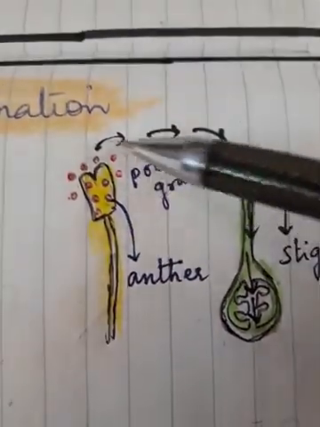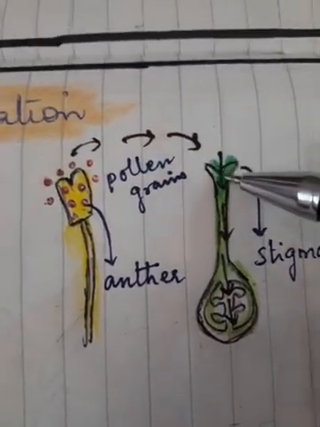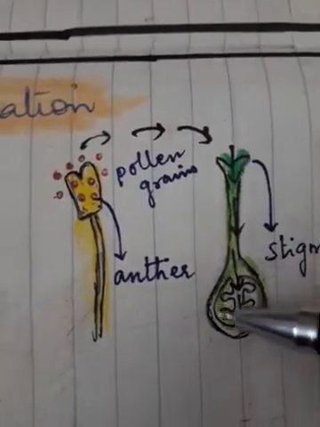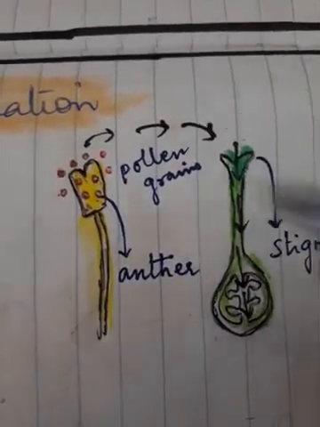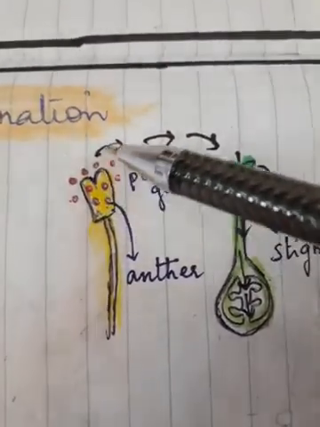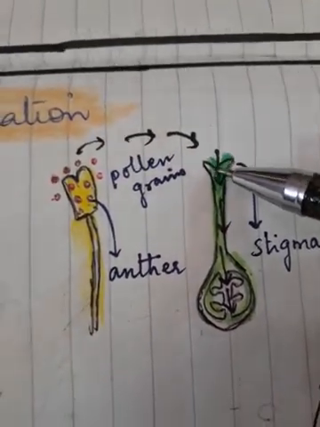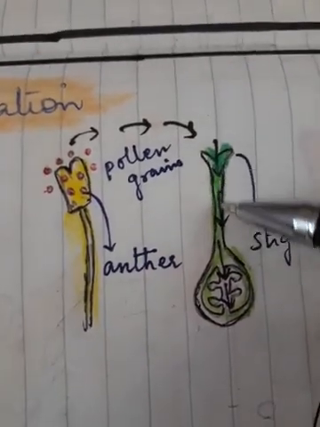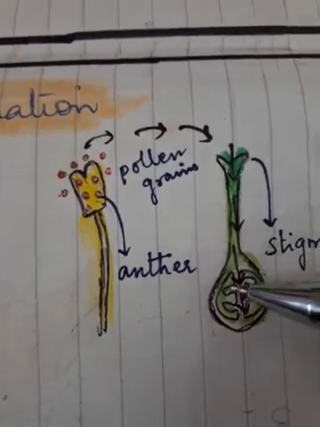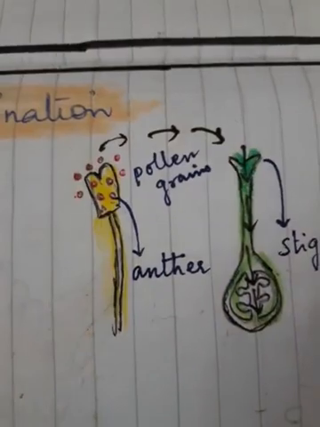When these pollen grains are transferred, they enter from the stigma. This is the style part. From the stigma they enter, pass through the style, and then enter the ovary. So this process is called pollination.